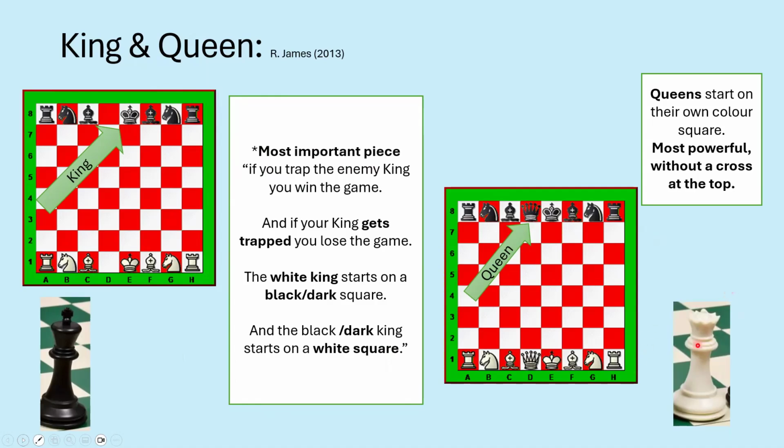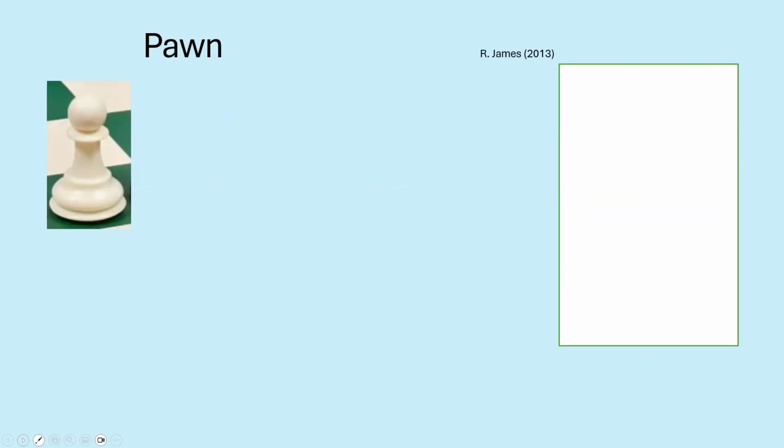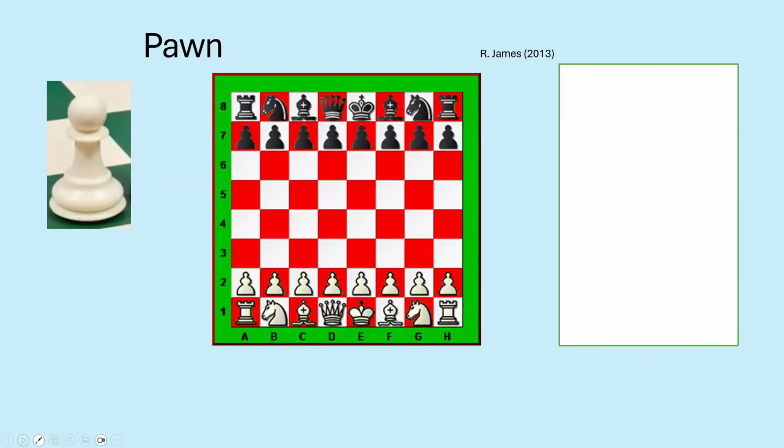Right, this is the three-dimensional representation of the queen. Now let's move on to the next piece, which is the pawn. This is the last piece we are talking about. As you can see here, I'm sure you've already identified where it is located.